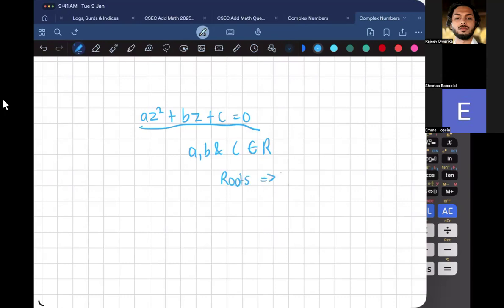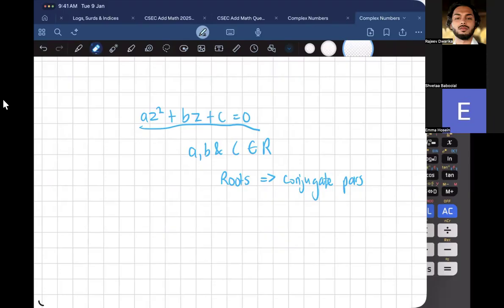If you have a quadratic equation in that form and a, b, and c are real numbers, then the roots would exist as what? Not real numbers. Conjugate pairs. You see why a recap is important? Don't worry, Shweta, I'll make sure you understand this.